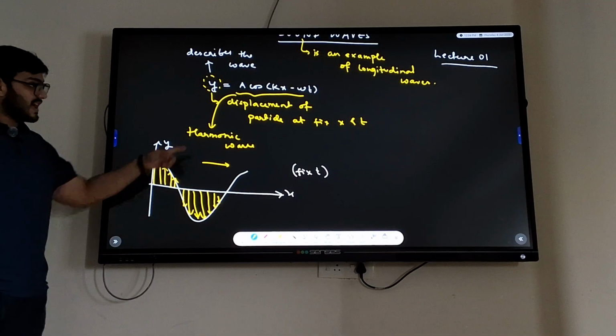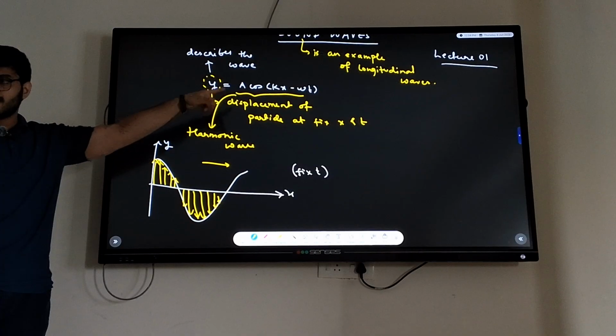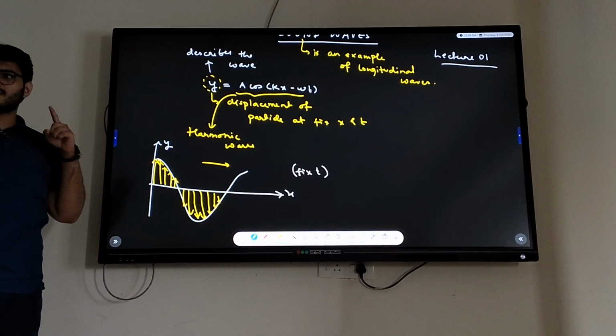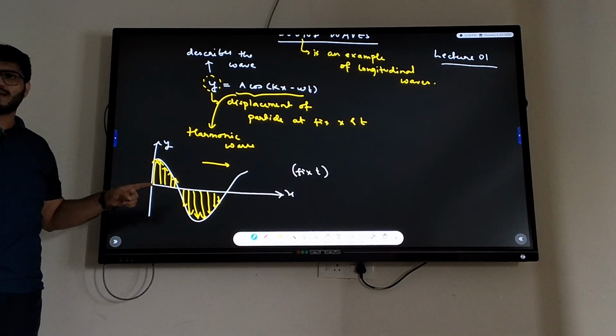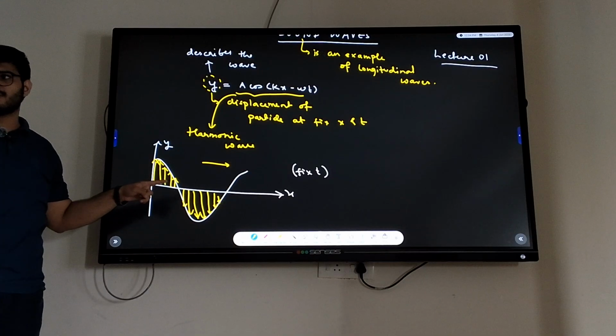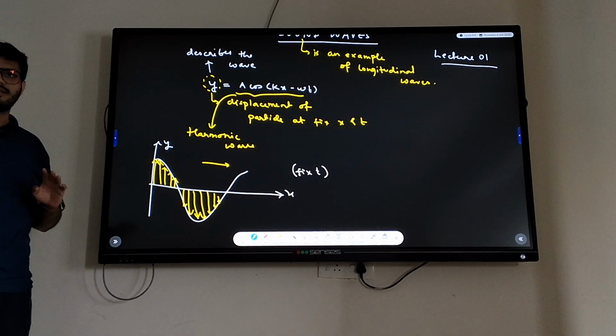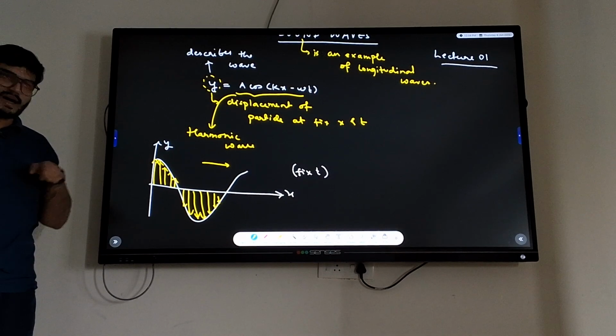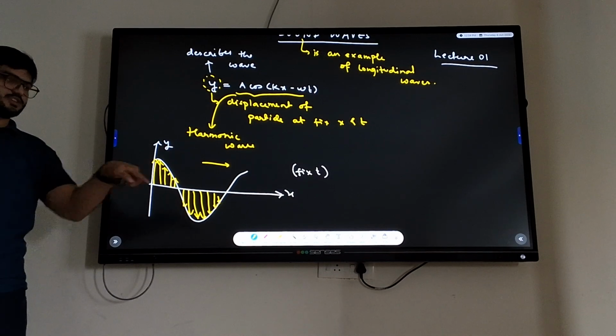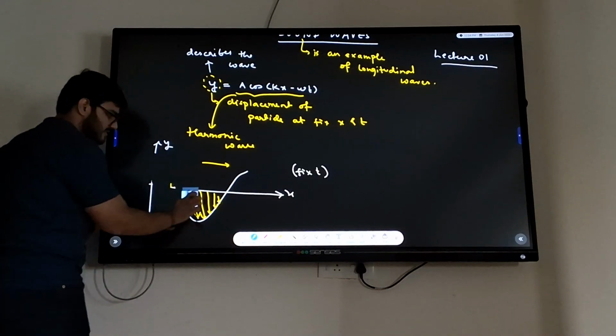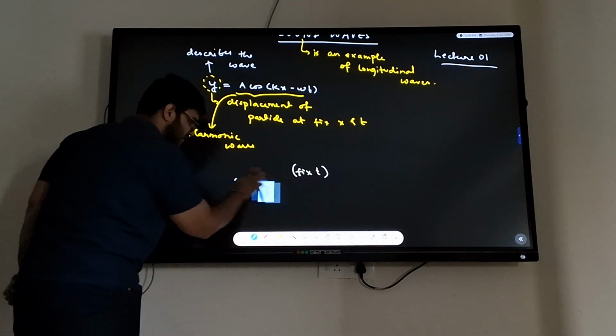I will obviously have the same equation again, but now you should modify the picture that you have in your head. You should not have this kind of picture in your head, because all of our discussions will be based on longitudinal wave. So how does a longitudinal wave particle oscillate? Parallel to the wave motion.